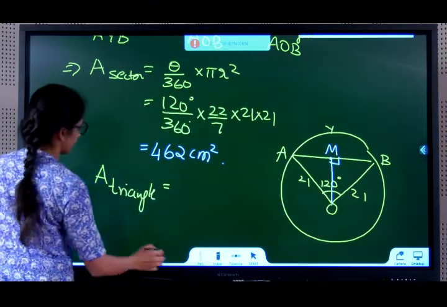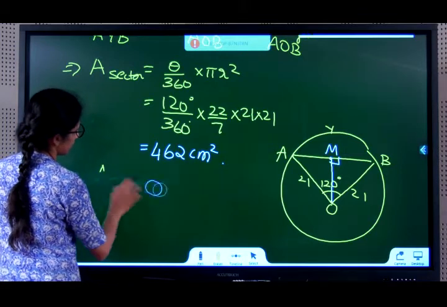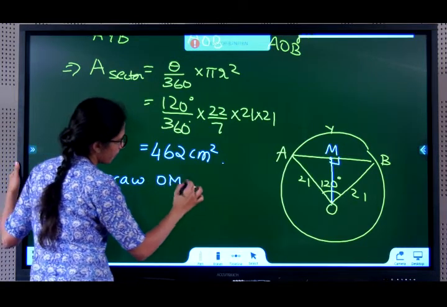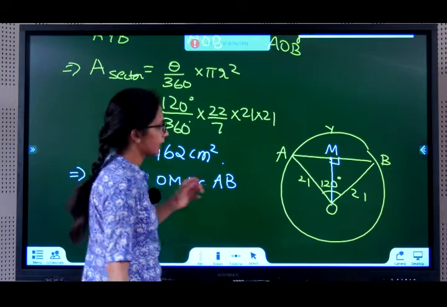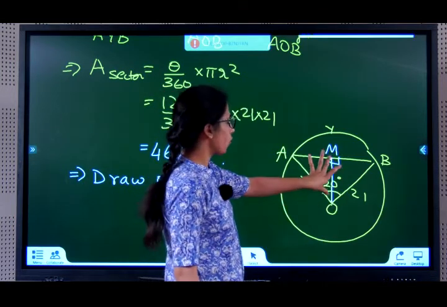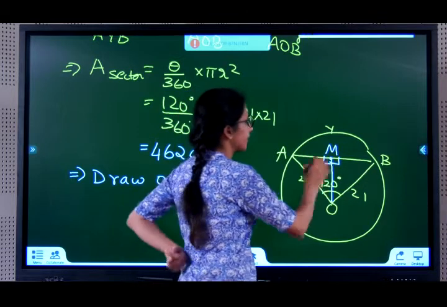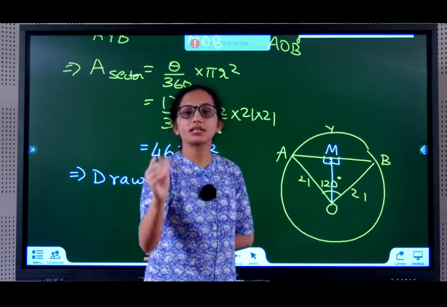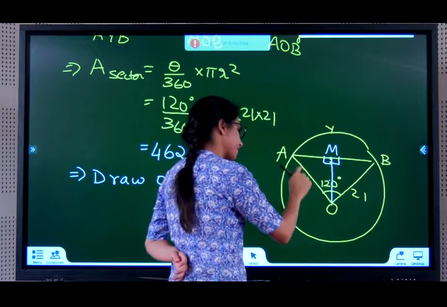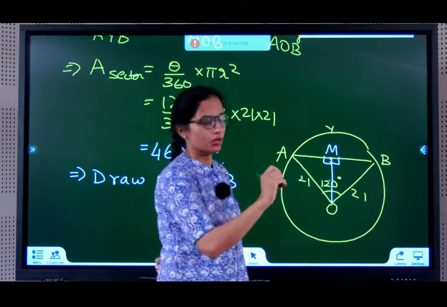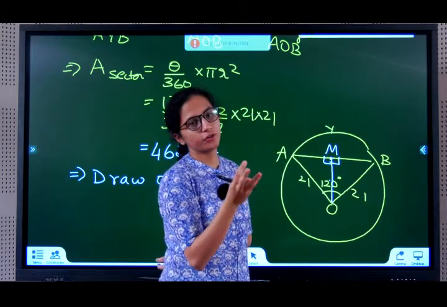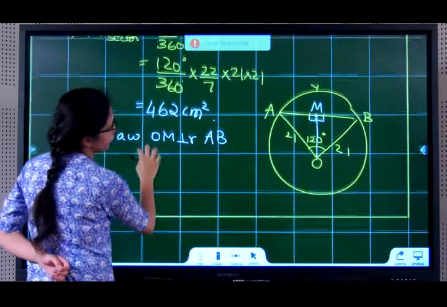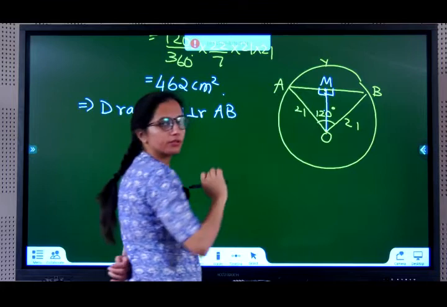So what did we first do? We draw OM perpendicular to AB. In these two triangles, OM is common. These two angles are 90 degree, 90 degree. Radii are common. RHS congruence: right angle, hypotenuse and side. We have all of it. So can I say this triangle is congruent to this triangle?